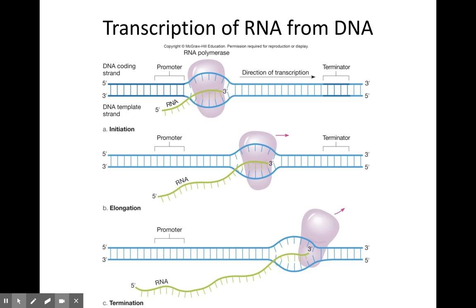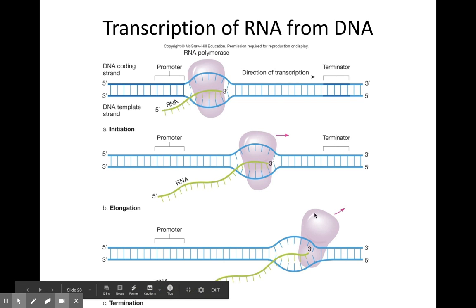We learned that RNA is built by adding to the 3' end. So we're adding to the 3' end here. And the way that DNA is copied is from the 5' end to the 3' end. If you're not familiar with what the prime represents, that would be something to look back at from last class, or just go ahead and Google it. What does 5' and 3' mean for DNA?